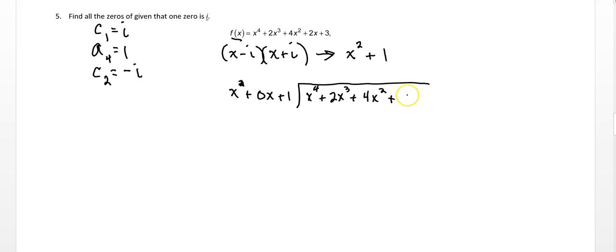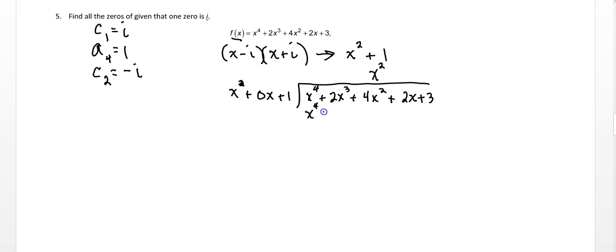So we write down the dividend. And now we go through the process of determining what times x squared gives us x to the fourth, and that is x squared.